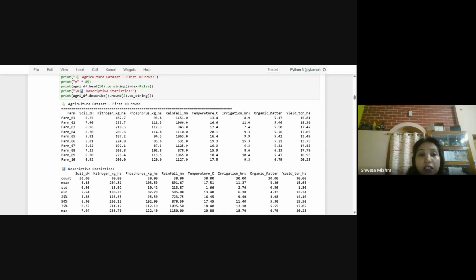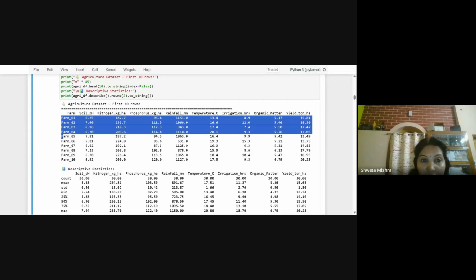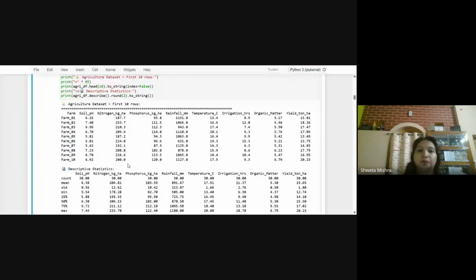You can see soil pH, farm 1 is 6.25, farm 2 is 7.40. Similarly, each column is a variable that we considered for the different farms, and you can see the row-wise information.